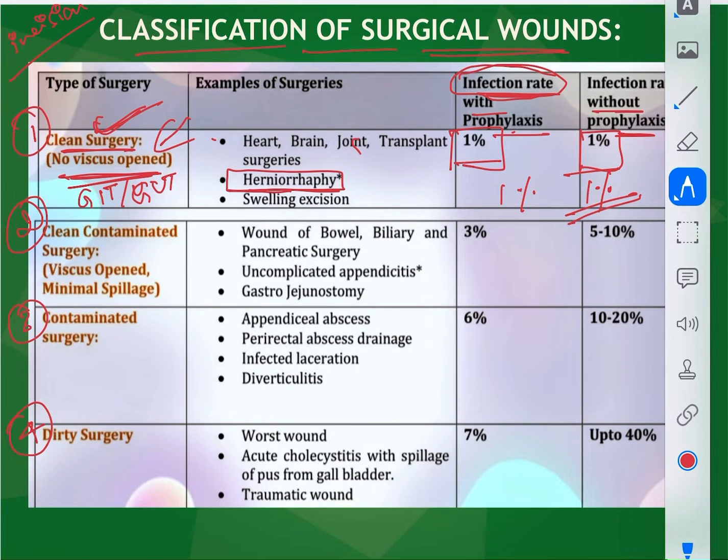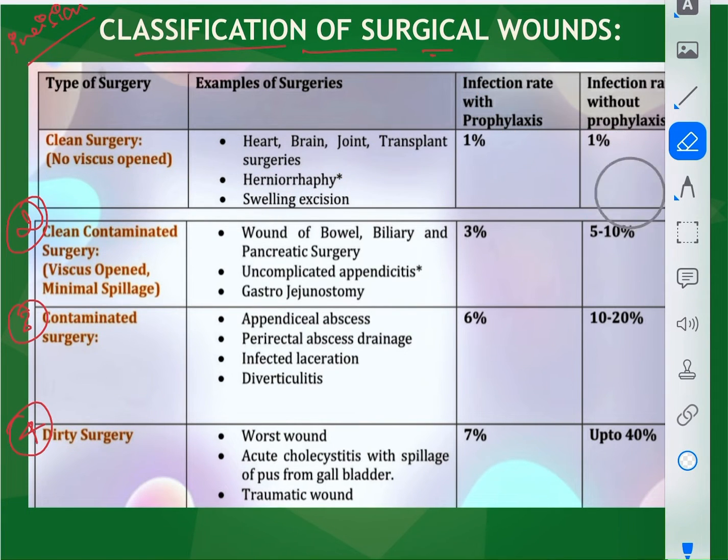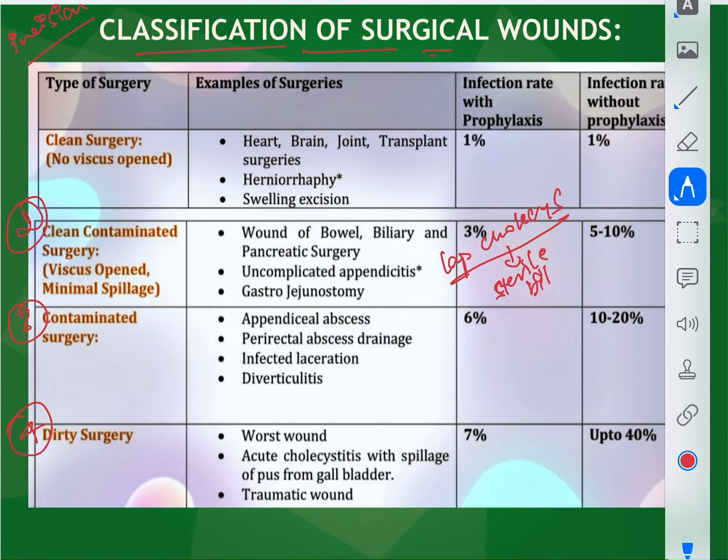Now, the second way of classification is the clean contaminated surgery. What is clean contaminated surgery? Initially, to begin with, the hollow viscus is not entered, but eventually when you keep operating, maybe by mistake you have perforated a hollow viscus. For example, you are performing a laparoscopic cholecystectomy and you have excised the gallbladder from the gallbladder fossa, but while extracting the specimen, you have caused spillage of sterile bile into the peritoneal cavity.